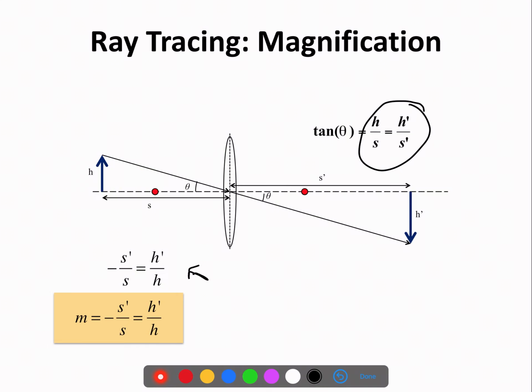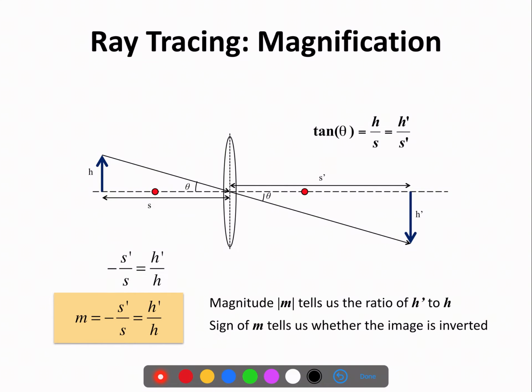And the negative is important because you can see over here, this H and H prime are pointed in different directions, so this real image is going to be upside down, which is something you could check by using any kind of converging lens to focus an image. So that negative has to be included in the S S prime relationship because neither of these lengths are considered negative.